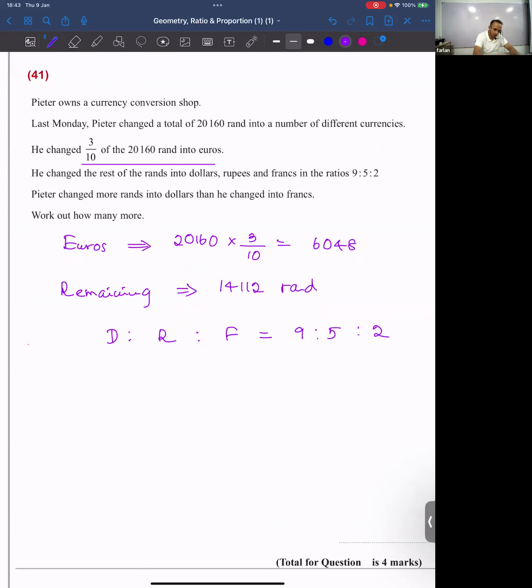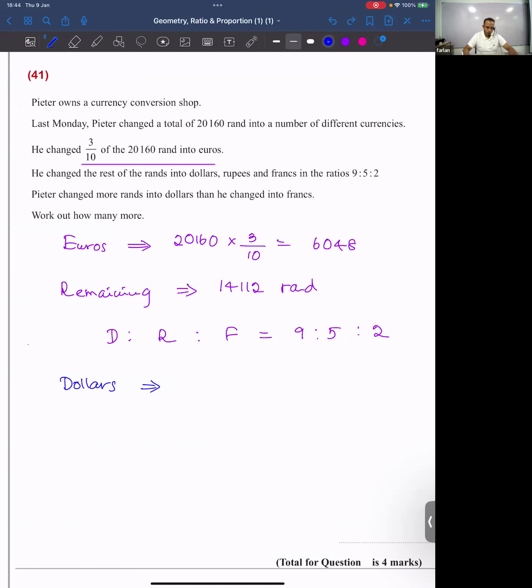So the question is, Peter changed more rands into dollars than he changed into francs. How many more? So let me see how many dollars he got. How many did he change to dollars? 9 plus 5 plus 2 is in total 16 portions.